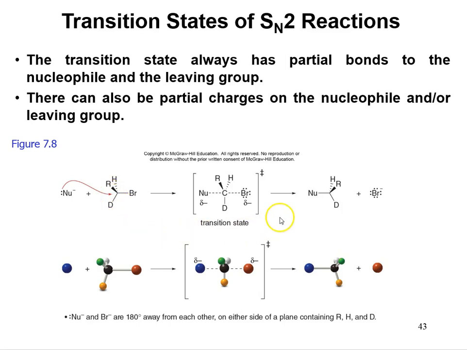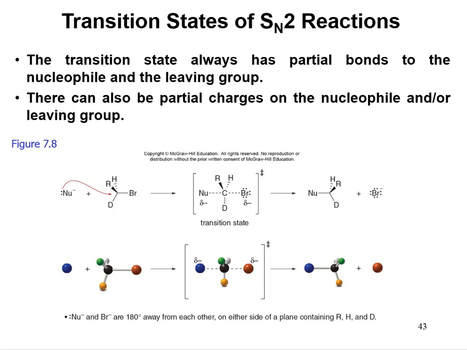In the transition state, notice how the nucleophile and leaving group are on opposite sides. Think about the size of a halogen versus the size of something like a hydrogen. It is much easier for the nucleophile to reach its target from the less hindered side of the molecule.